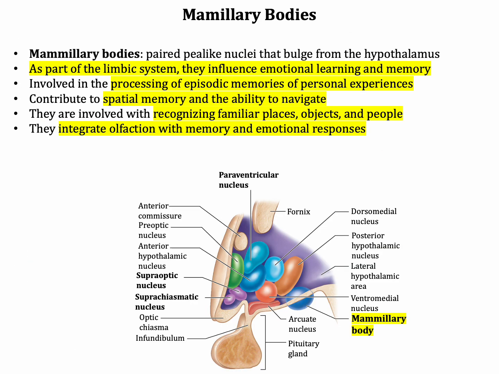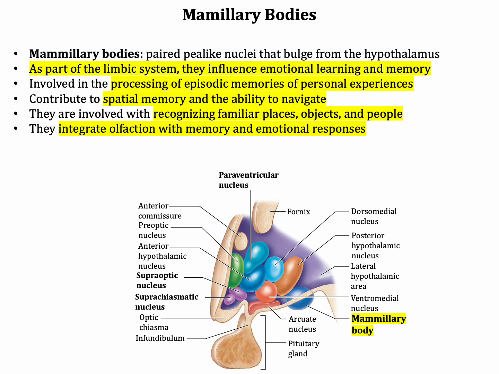The mammillary bodies are paired, kind of pea-shaped nuclei that bulge from the hypothalamus. They are part of our limbic system, that emotional system that we have. They're involved with processing episodic memories, so personal experiences and the memories that they produce in an episodic manner.